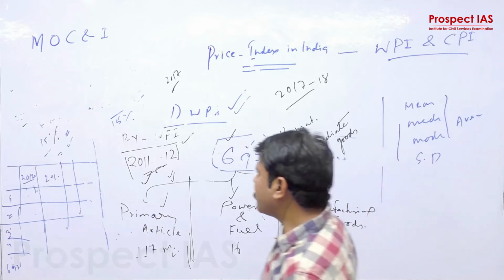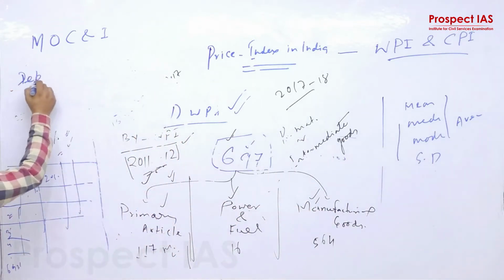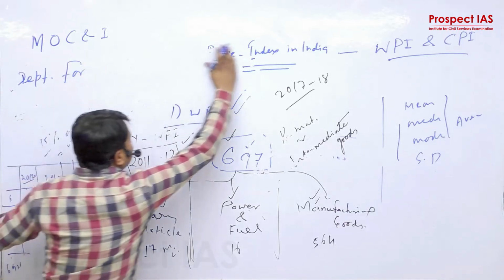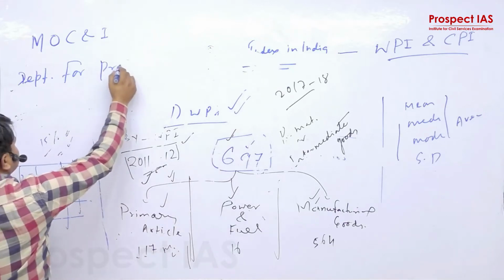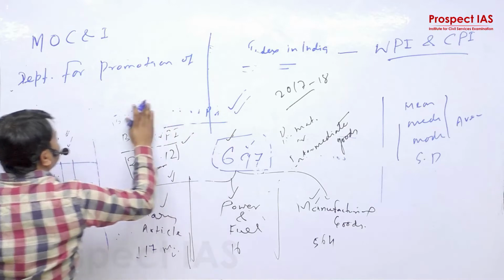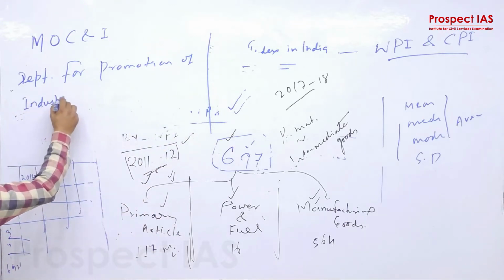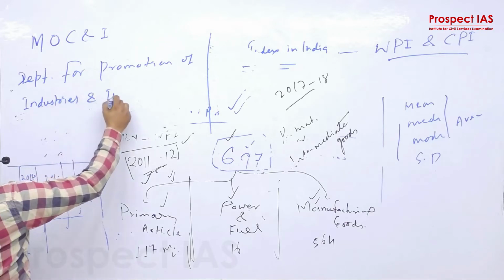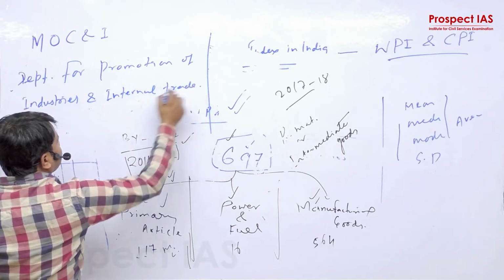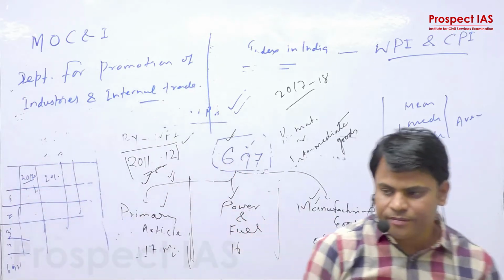So there is a department, this is called Department for Promotion of Industries and Internal Trade. ठीक है.